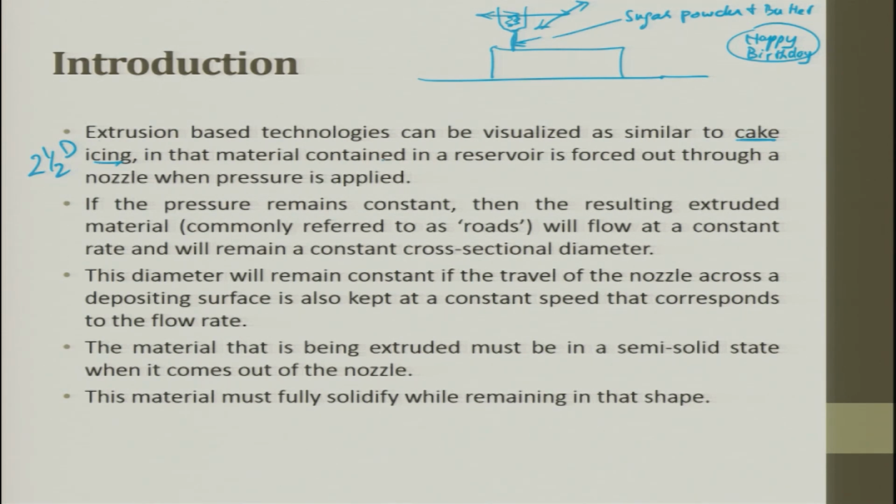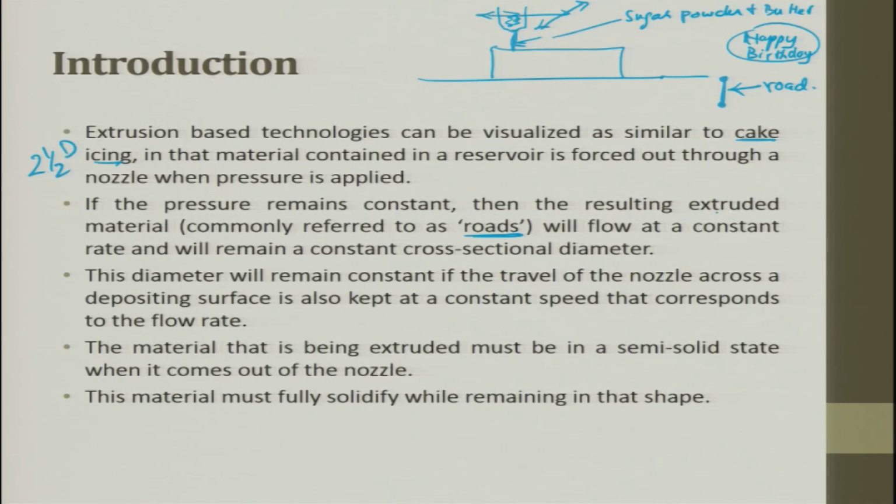So, the material contained in the reservoir is forced out through a nozzle when pressure is applied. If the pressure remains constant, then the resulting extruded material, commonly referred to as the rod, because when you start pushing it and draw a line, this is called the rod, will flow at a constant rate. Suppose you run very fast when you put the rod, there can be discontinuity in the line, or there can be a lump of mass at the start and at the end, and in between you will have a thin line.